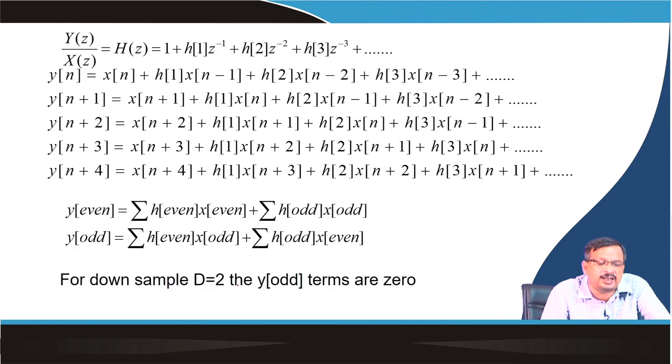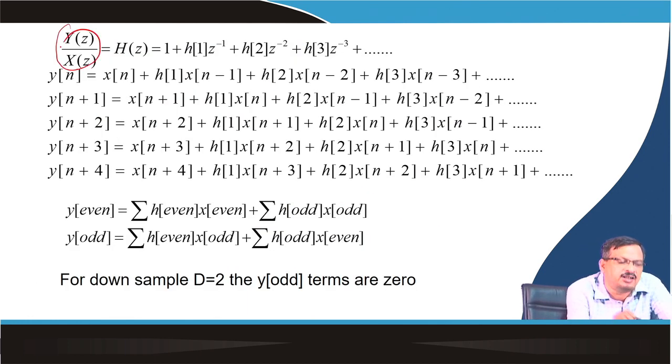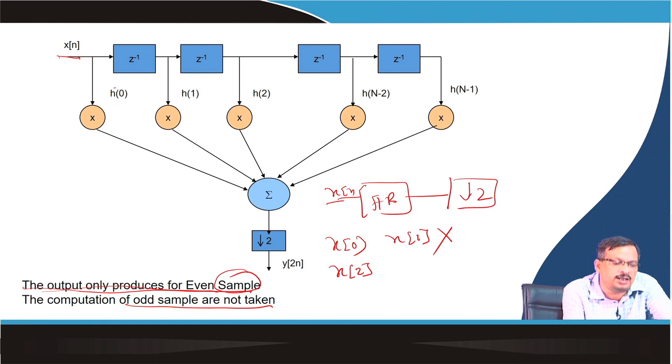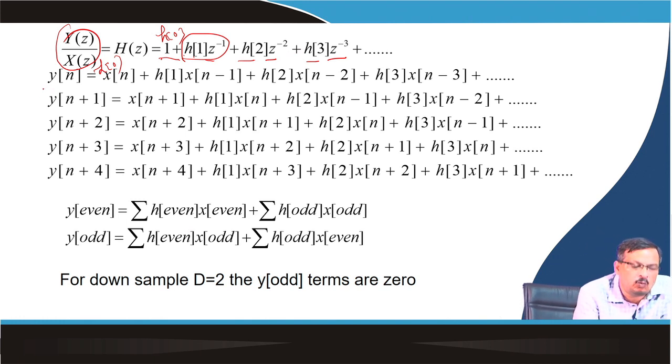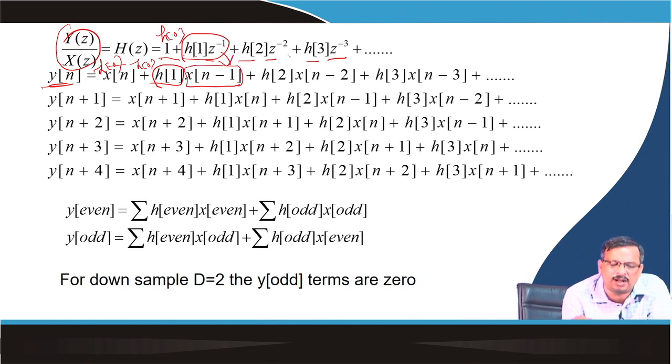So, let us write down the mathematical form. Y of z by X of z, where the filter is H of z, is nothing but h0 plus h1 z to the power minus 1, h2 z to the power minus 2, h3 z to the power minus 3, and so on. In the time domain, y of n is x of n multiplied by h0, plus h1 multiplied by x of n minus 1, delayed by 1 sample, then delayed by 2 samples, by 3 samples, and so on.